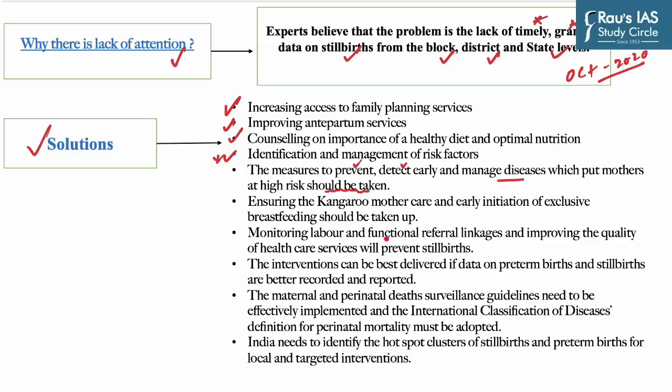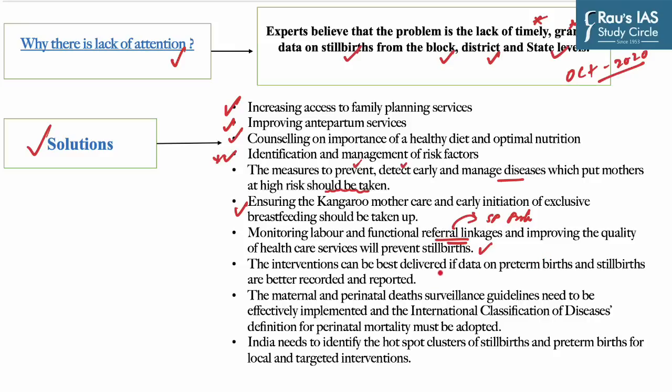Now, ensuring kangaroo mother care and early initiation of exclusive breastfeeding is another suggestion that should be taken up. Monitoring labor and functional referral linkages, that is, sending a patient to another physician for ongoing management of a specific problem, and improving the quality of healthcare services will prevent stillbirths.